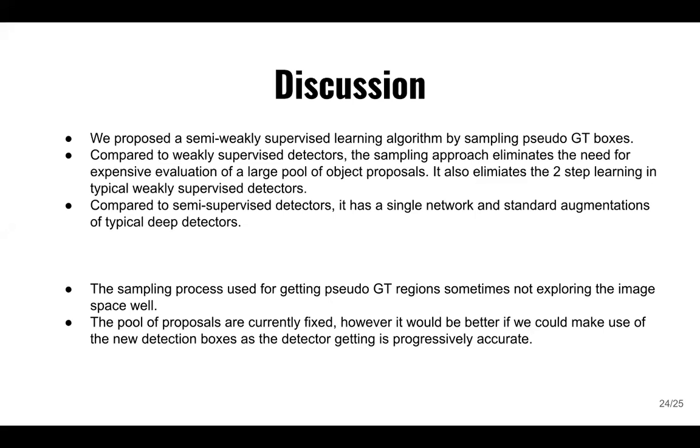We think it would be better if the proposals can be updated with better detection boxes, because as the detector is learning, we could get better detection boxes that can be added to this pool of proposals, and probably it can also gain performance a bit.